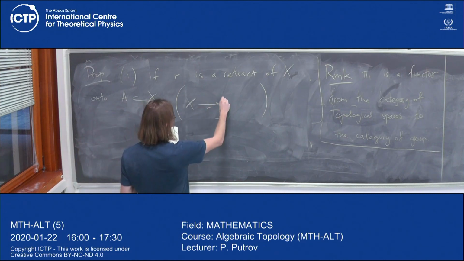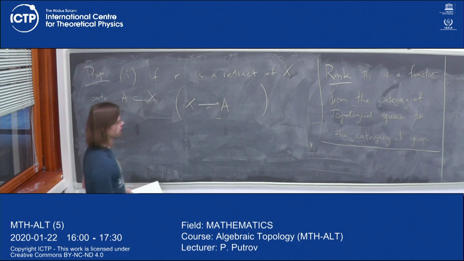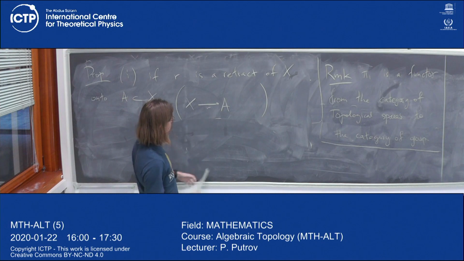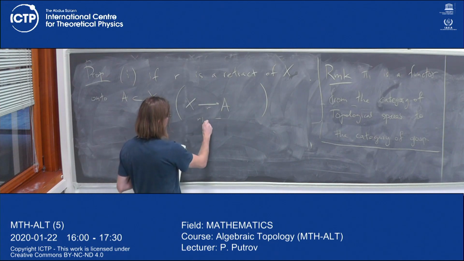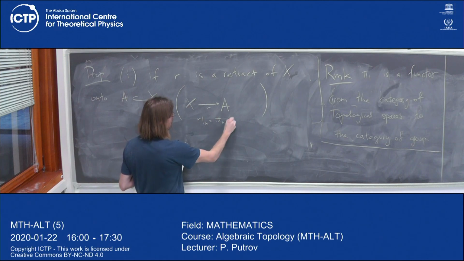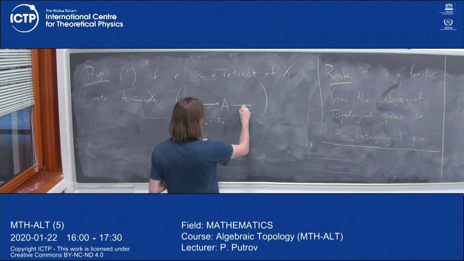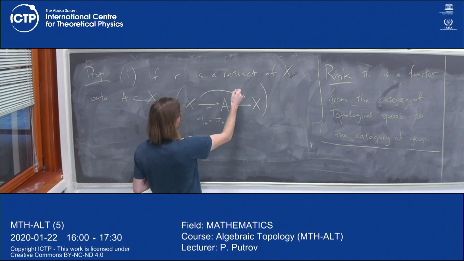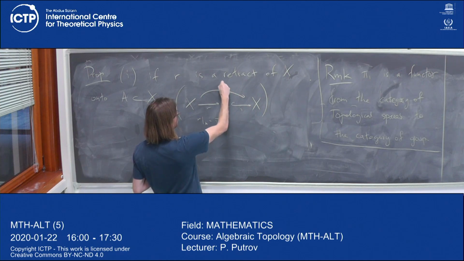There is a map r from X to A, such that if I restrict r to A, it is the identity on A, and we also have the inclusion map i from A to X.